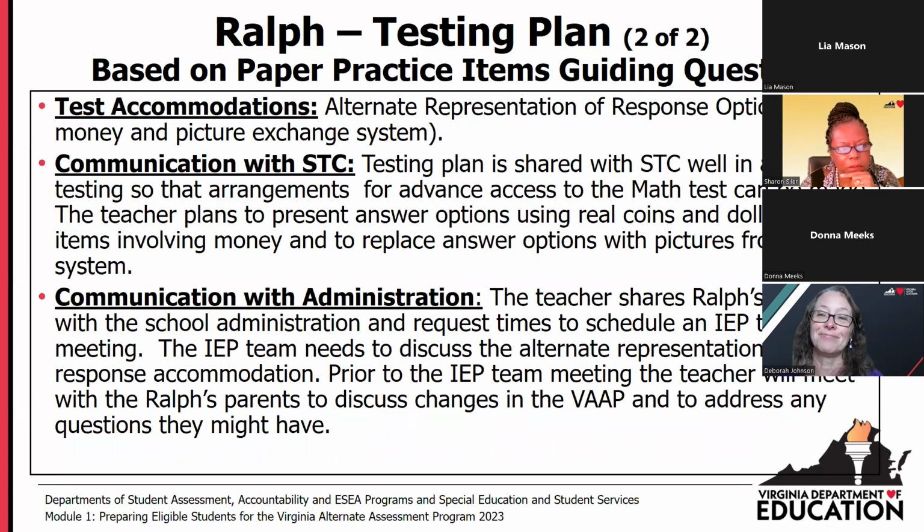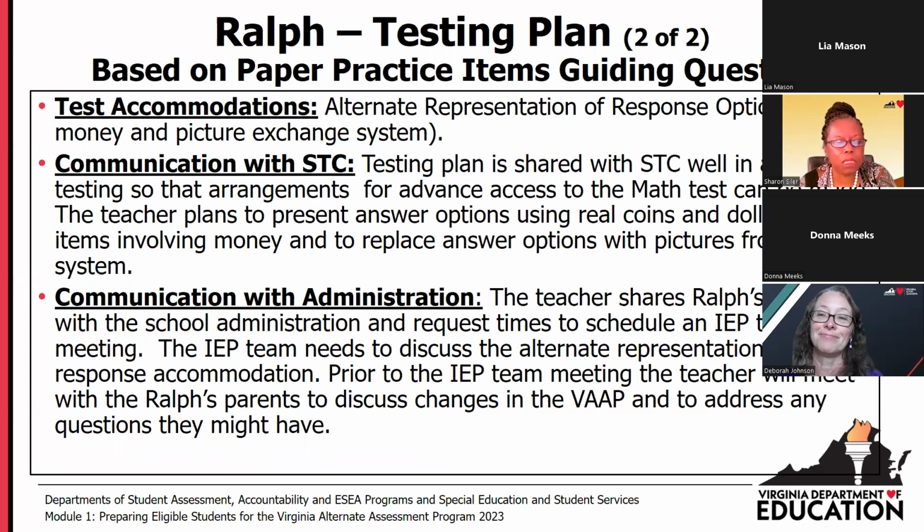In terms of the accommodations that are needed for Ralph, you probably already guessed that the alternate representation of response options is going to be the way to go with Ralph, because he uses real money in his classroom environment.